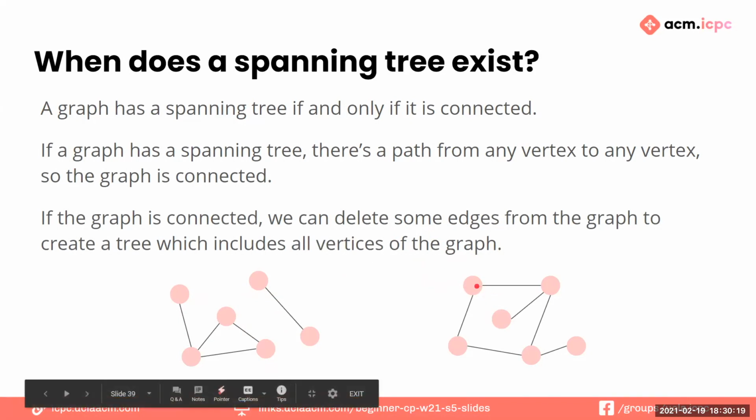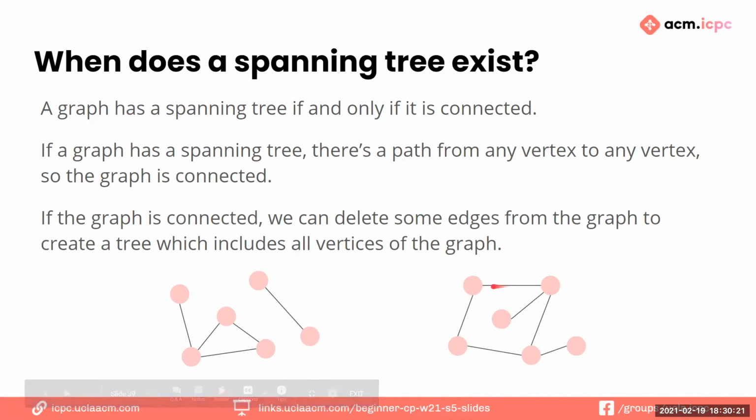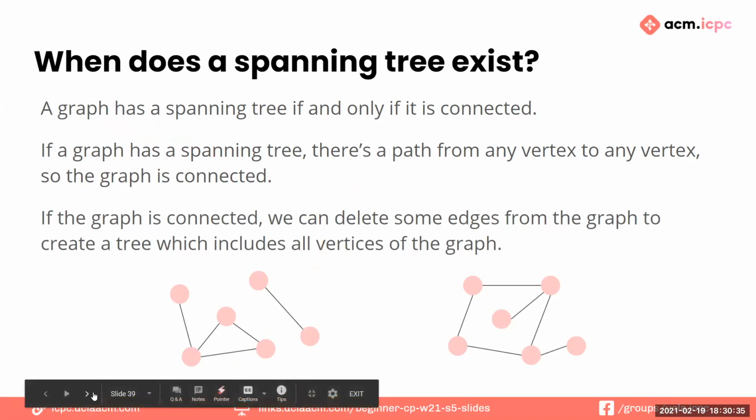So for example, if I deleted this edge right here, what would be left would just be a spanning tree. So the important takeaway here is that a graph has a spanning tree if and only if it's connected. If it's connected, it has a spanning tree. If it has a spanning tree, it's connected.